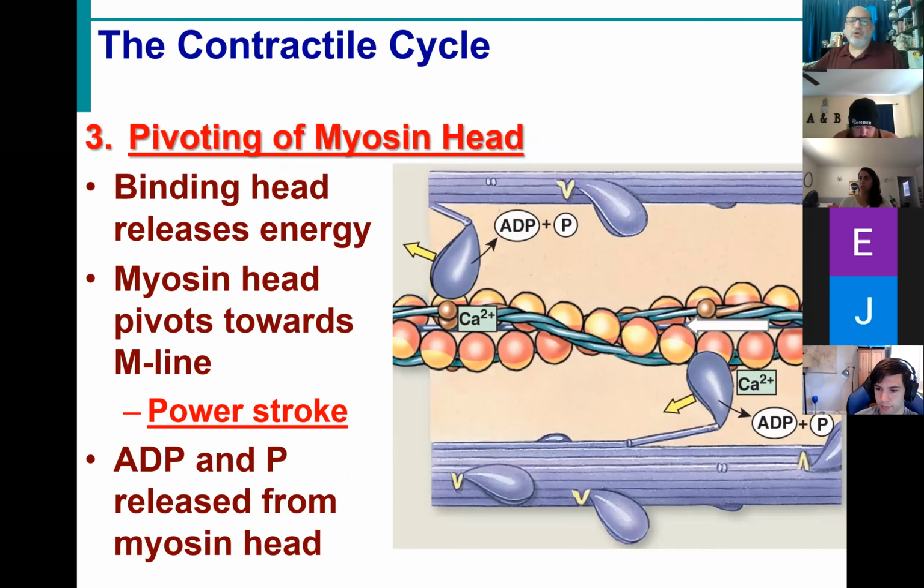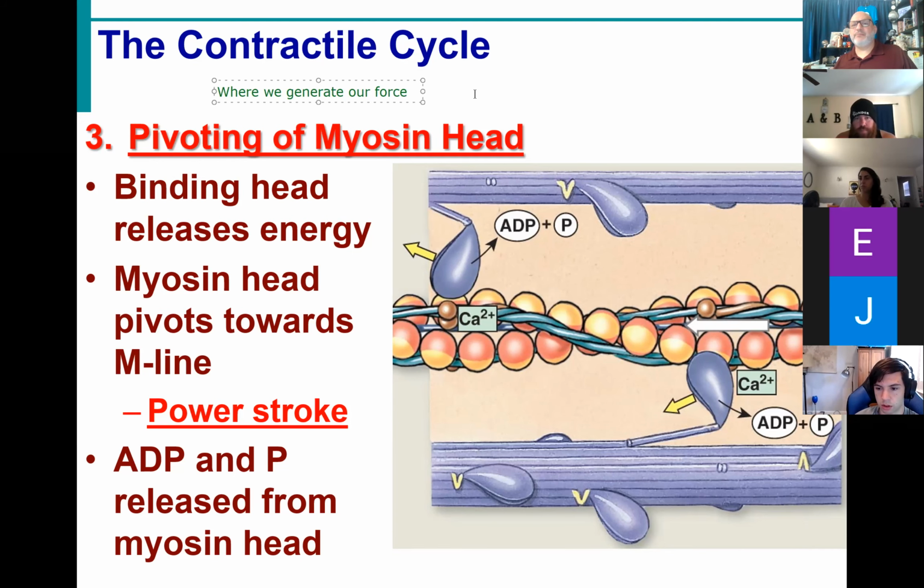That pulls the Z disc towards the M line, pulls the actin towards the M line, makes our sarcomere shorter, makes our myofibril shorter, makes our muscle cell shorter, makes our muscle shorter, generates our tension. This power stroke is where we generate our force. This is where we're generating our tension.